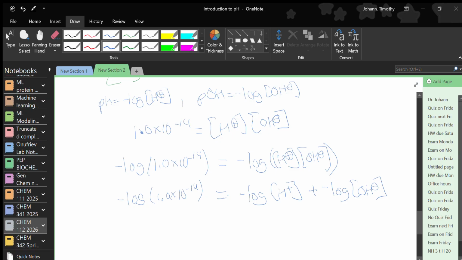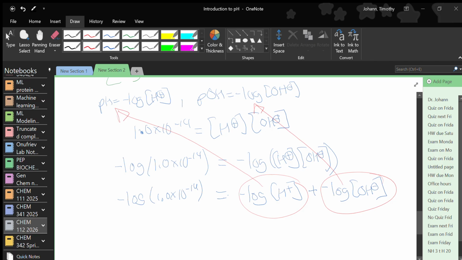Everybody okay with what I've done there in terms of algebra? Do you see that this is this and this is this? So I can sub those in, and the negative log of 10 to the minus 14th is going to be 14 if I put that in my calculator.